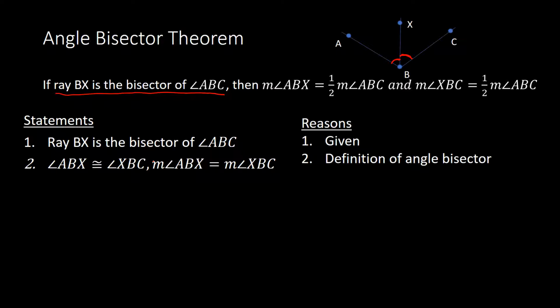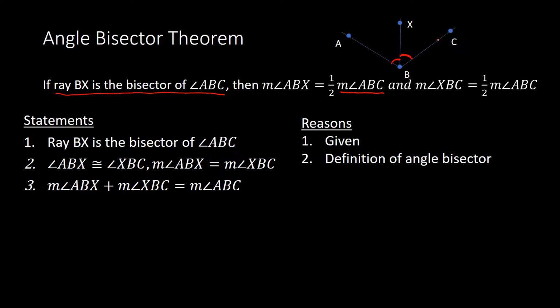Now from here, we know that at the end, we need to put them together somehow to get the measure of angle ABC into the picture. So what I can do is say that if I take ABX plus XBC, if I put those two angles together, I'm going to get the bigger angle ABC.